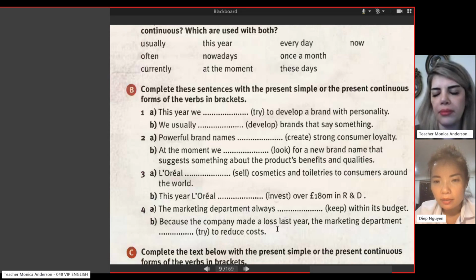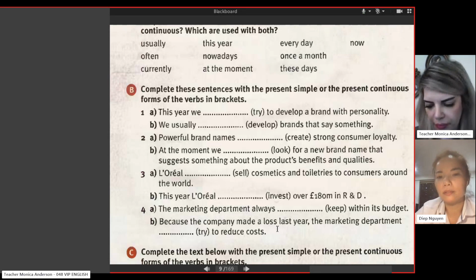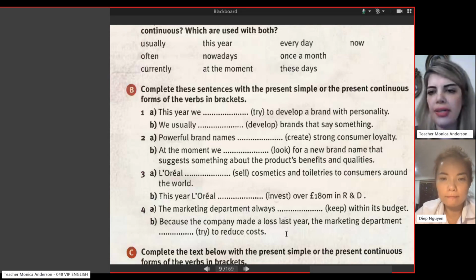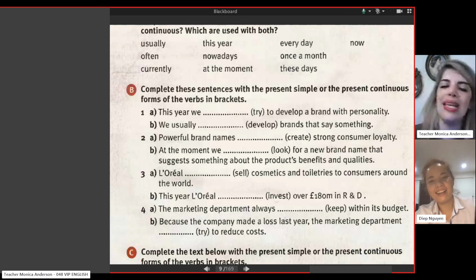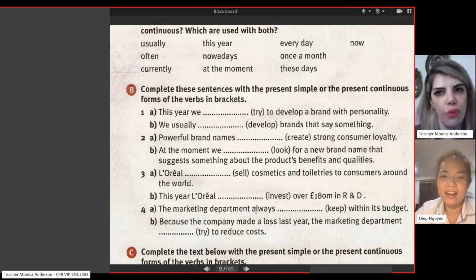The marketing department is trying. Or we can consider marketing department as plural but uncountable, so you can say is trying or are trying. Both are correct.